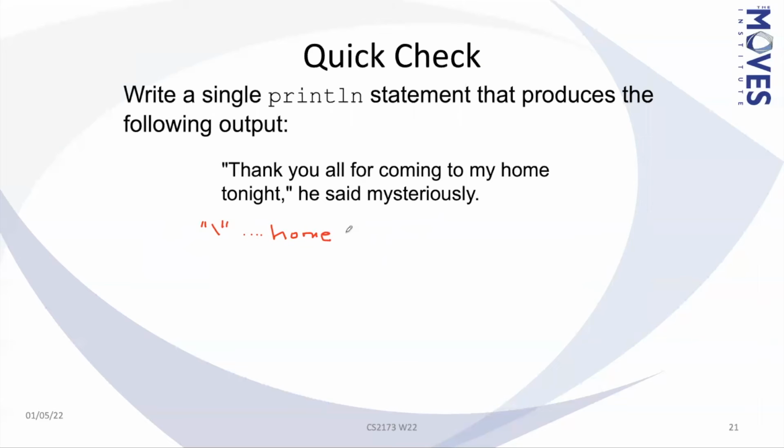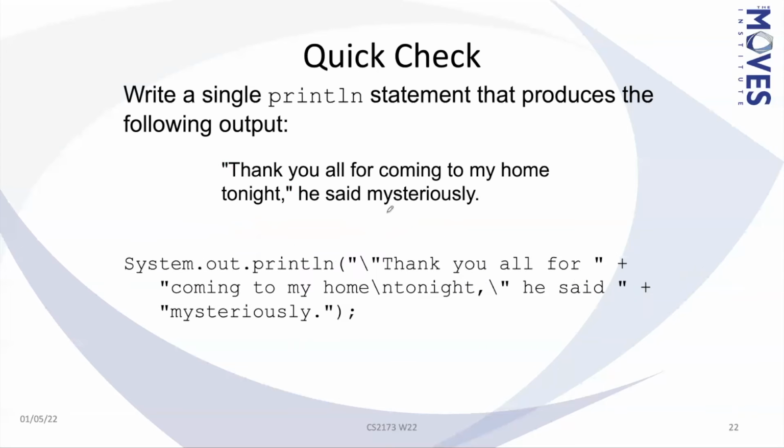And then we need to move to a new line, another backslash, blah, blah, blah, up to the comma, and then another quote, and then et cetera, up to the mysteriously. So in order to print this all in one thing, we need to print the double quotes, and then move to a new line there.